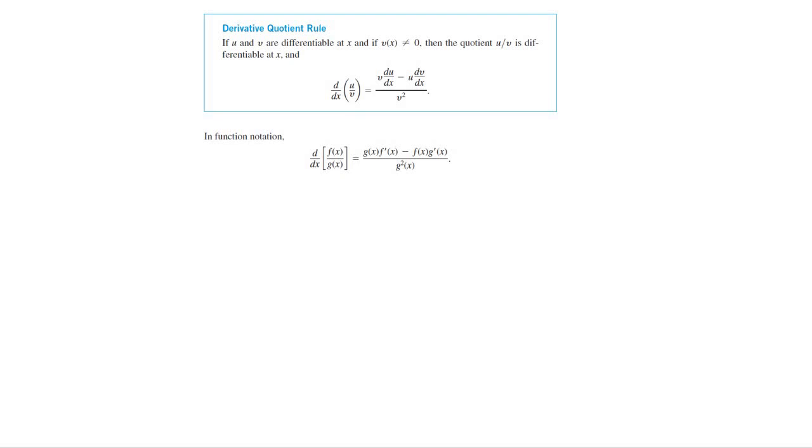What this says is, if u and v are functions of x and differentiable at x, then we take the denominator and repeat the denominator, and then take the numerator, differentiate the numerator, and subtract the numerator and differentiate the denominator, and square the denominator.